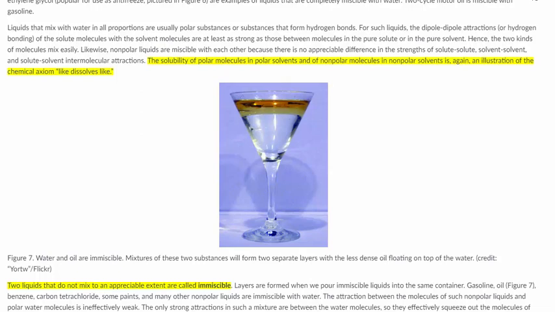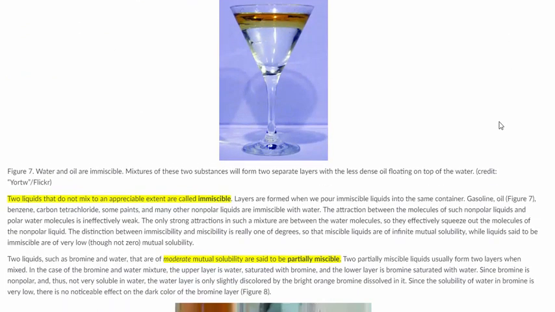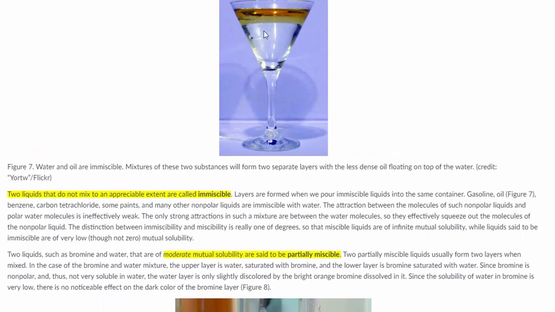Now, when we start getting into our nonpolar and polar molecules, when we start looking at things like water and oil, we have immiscible liquids. They're just not going to mix, because we have the polar water that combines to form some hydrogen bonding, and then you have the nonpolar substance of oil, so it only has dispersion forces.